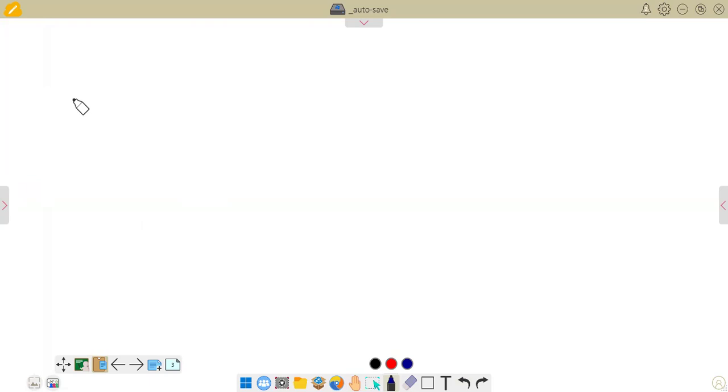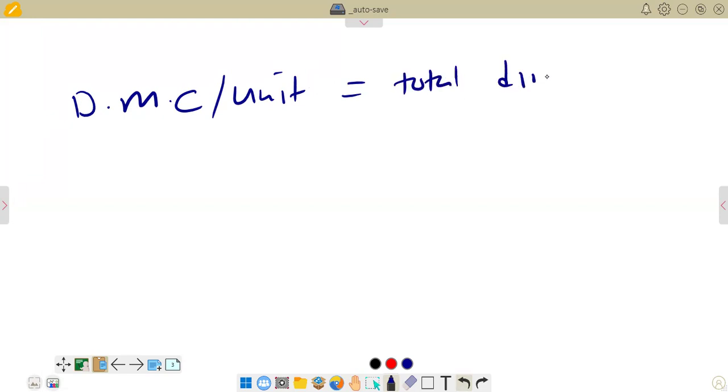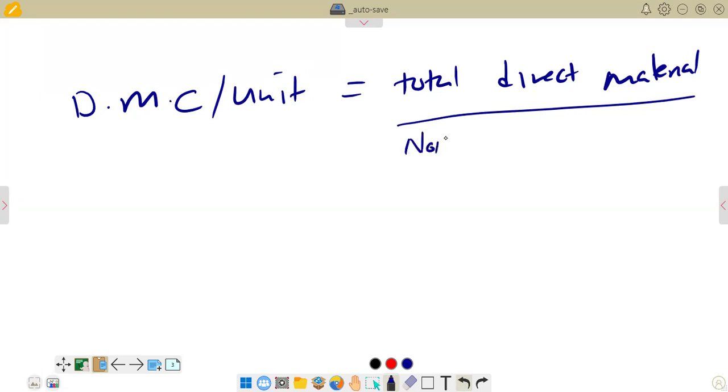So the formula that we are going to use is total direct materials, and then divide by the total number of units. This is going to be 1.3.1.